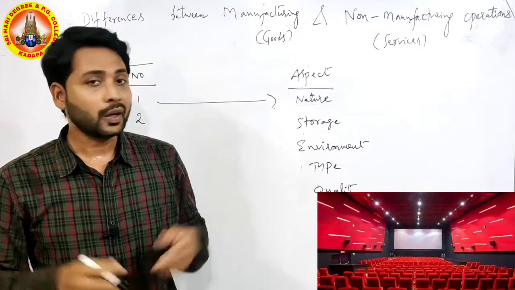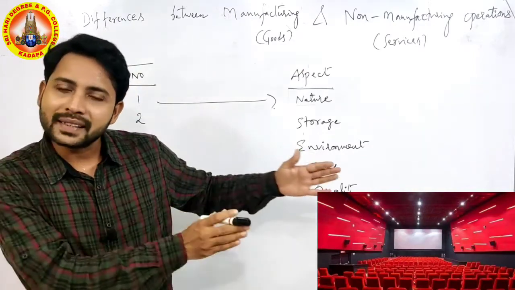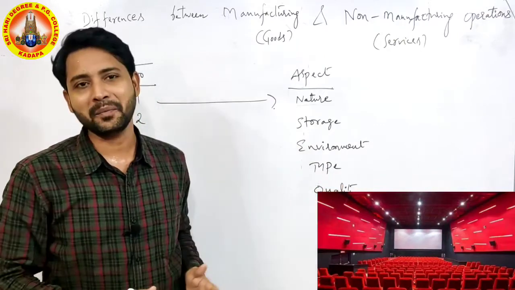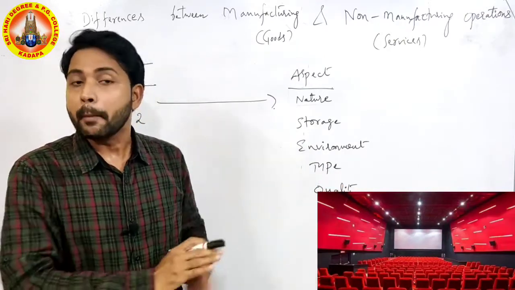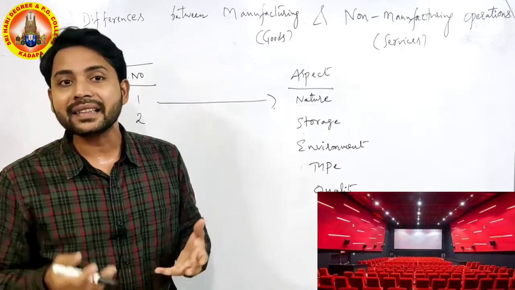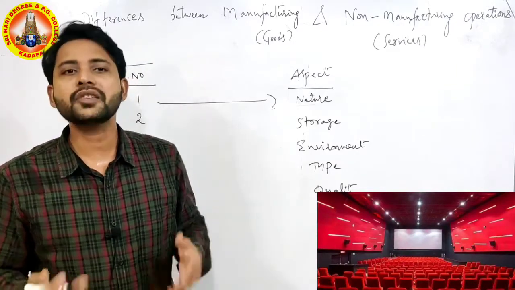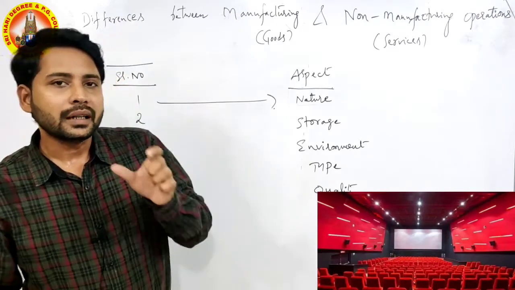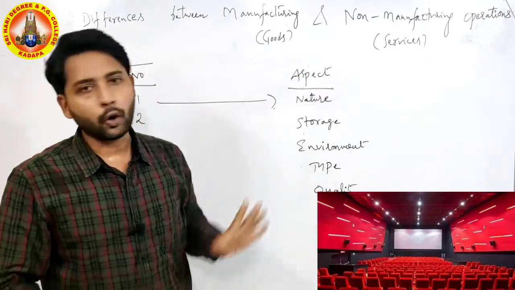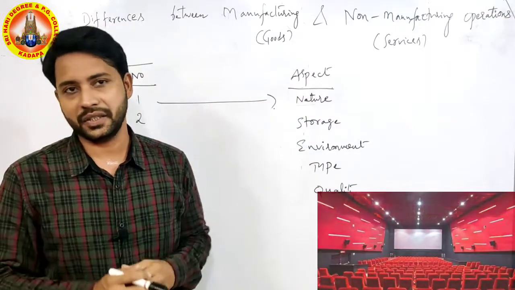Here the movie is the same, the theater is the same, the enjoyment is the same, but you are getting some extra comforts because you are ready to pay more. So that's why services are customized in nature.